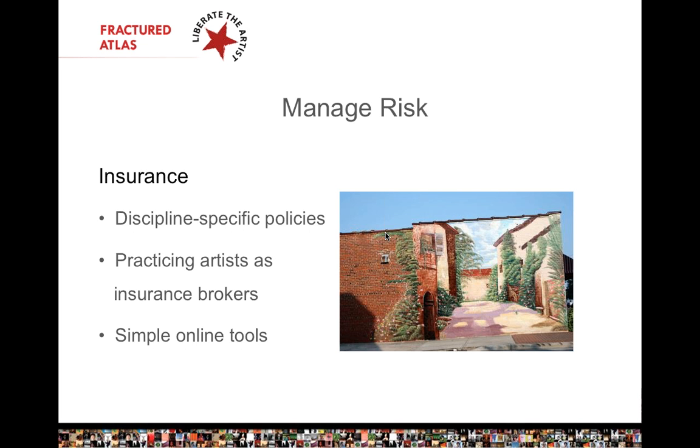We have several artists on staff that are also insurance brokers. So they understand the art world and they also understand the insurance world, which is sort of a rare thing when you're coming across insurance brokers. We try to make our online tools as simple and easy to use as possible because we all know insurance is not the most fun or engaging thing to talk about, but it is sometimes a necessity.